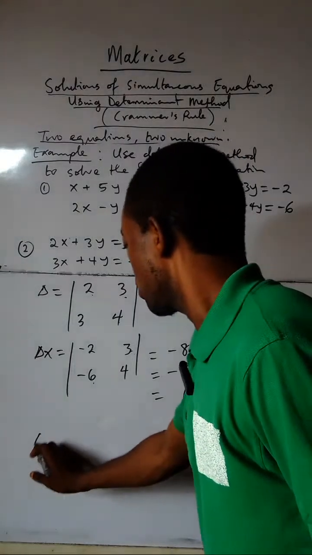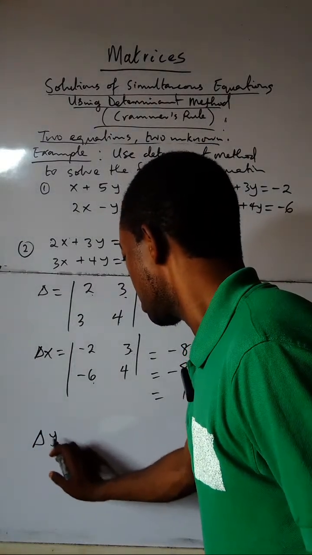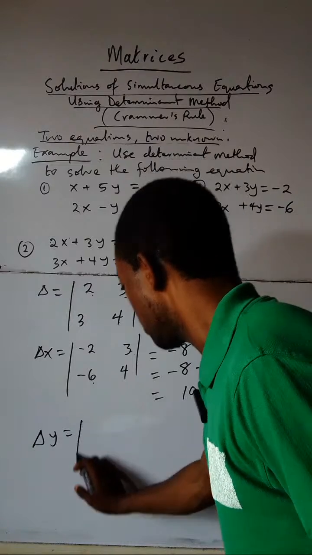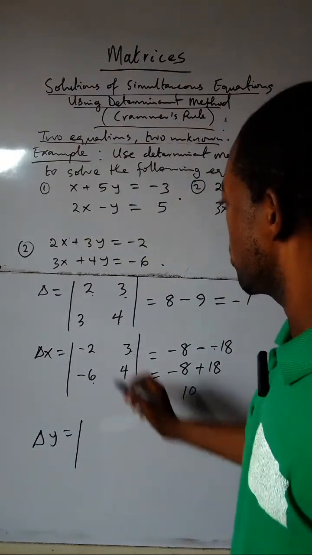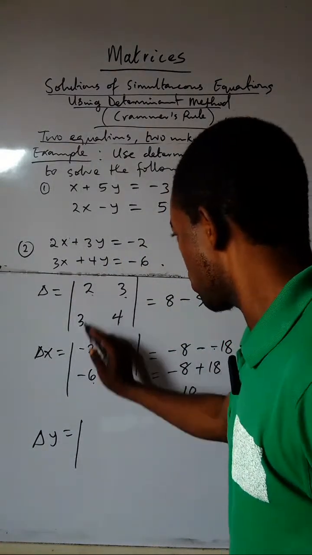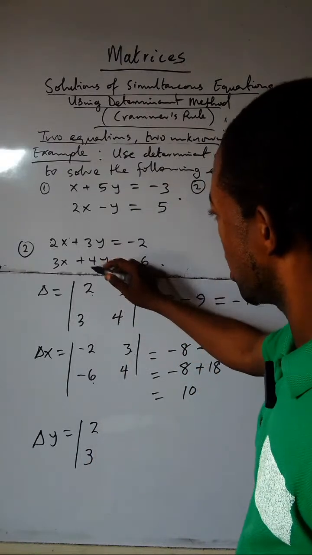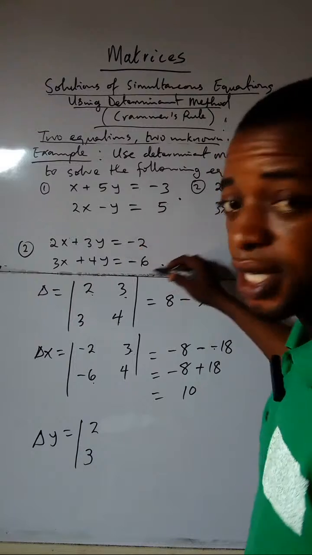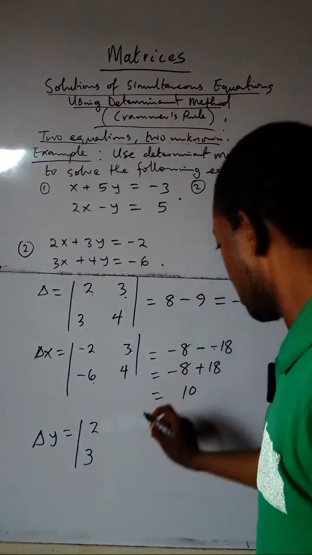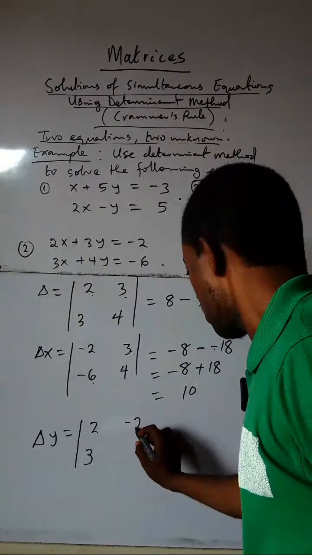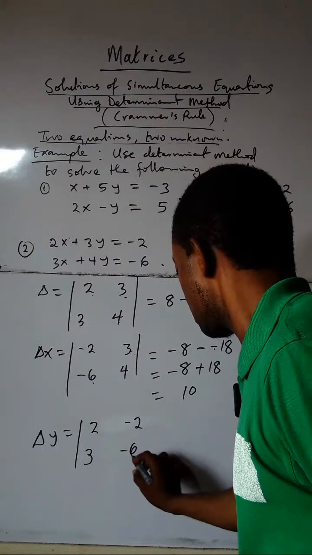Now, we can get delta y as well, the determinant with respect to y. We maintain the first column as 2, 3. Then the second column for y, we interchange it with the constants on the right hand side, which is minus 2, minus 6.